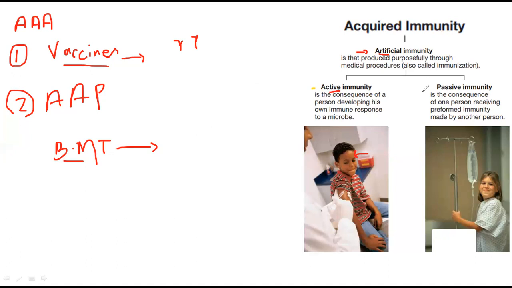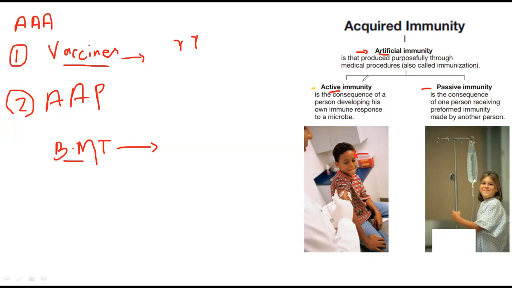That's why it is known as passive immunity, because it is taken from a person and given to another person. It is basically the immunity of one person that is given to a different person.